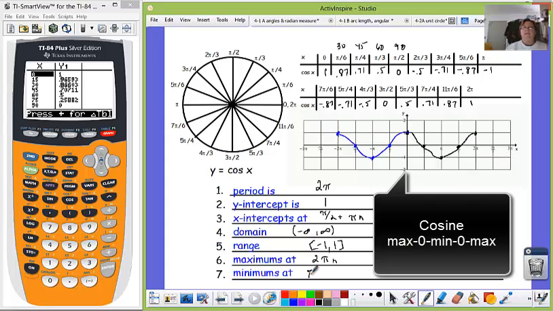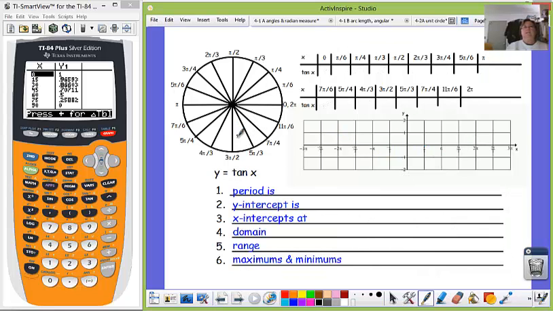So pi plus 2 pi n. That's the cosine function. Starts at 1. So when I'm graphing this, I'm thinking max, 0, min, 0, max. That's the way to graph that cosine function.